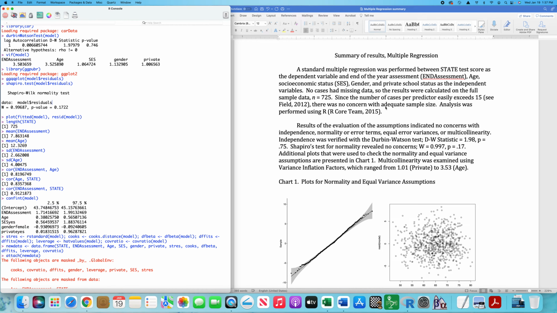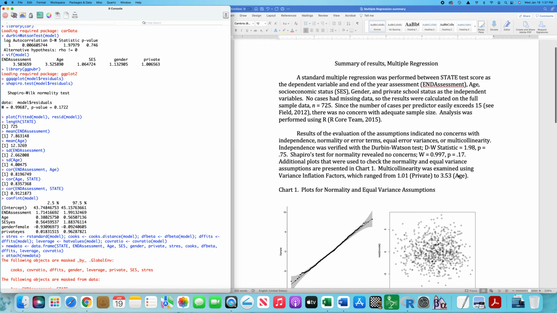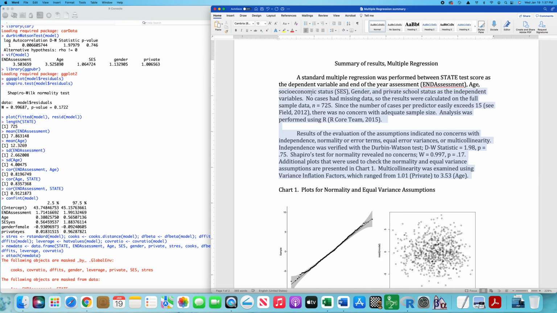So let's wrap up what happened over here. I'm not going to read this to you, but the first thing I did is just describe the multiple regression model that I created. And I talk a little bit about missing data, and luckily I had no missing data here.